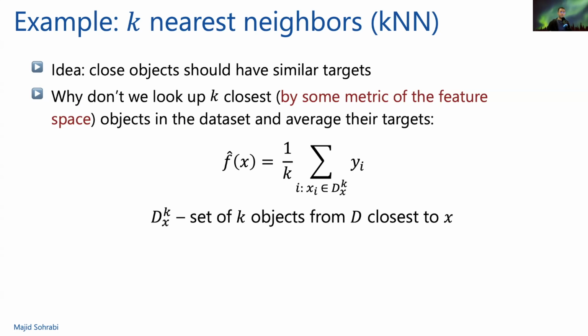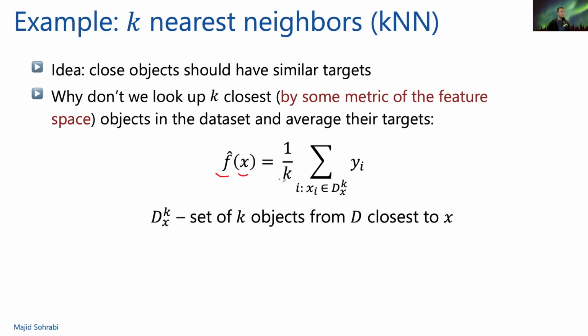Based on that metric, it defines the closest data points to the object of interest, and based on some method, it aggregates the targets of those nearest neighbors and assigns the prediction to the object of interest. Here, for example, we have the approximation function, which takes an object of interest that I want to find the target for.